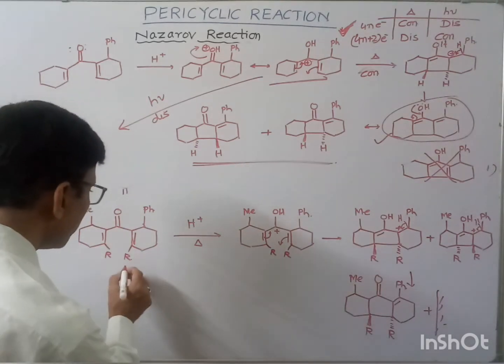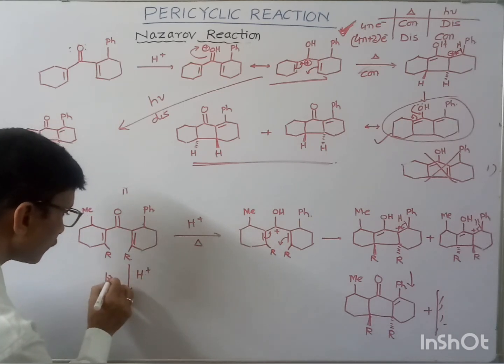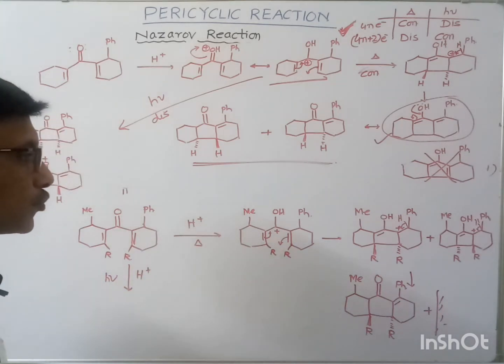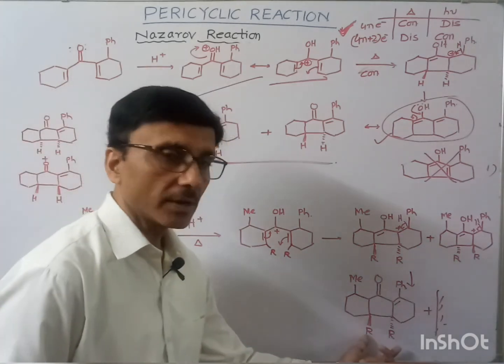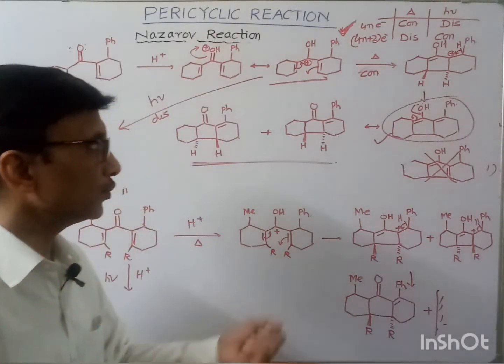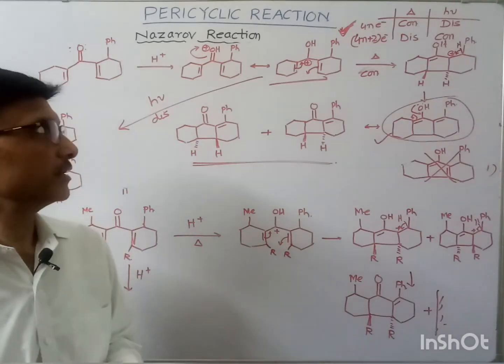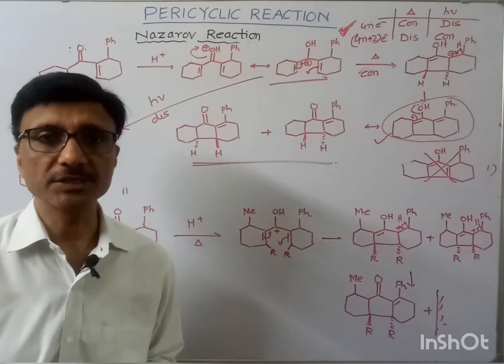In the same way we may write the reaction in photochemical condition, and in photochemical condition we will have either both R above the plane or both R below the plane. So this is about the Nazarov reaction, or Nazarov cyclization. Thank you.